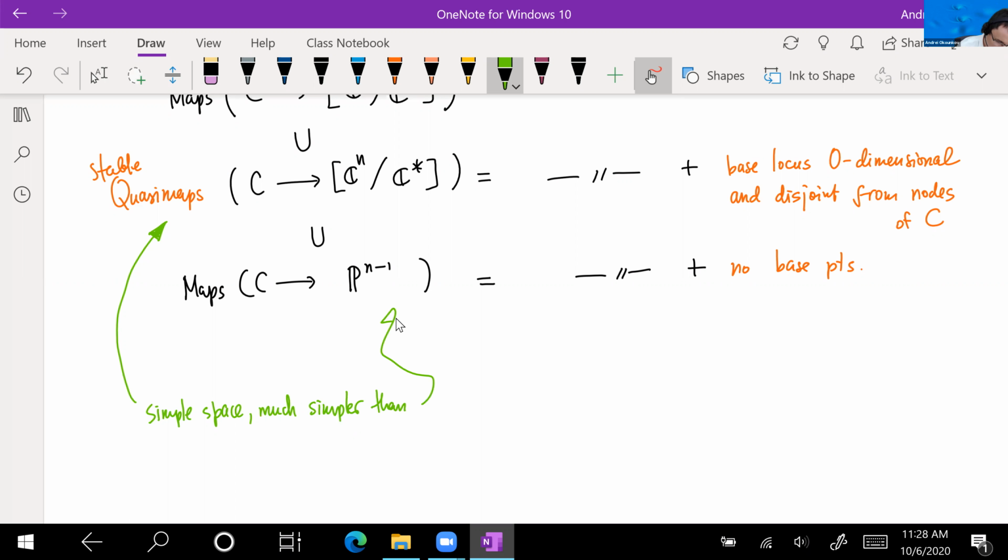But okay, simplicity is not the point. If I fix the line bundle, that would be just a giant projective space.